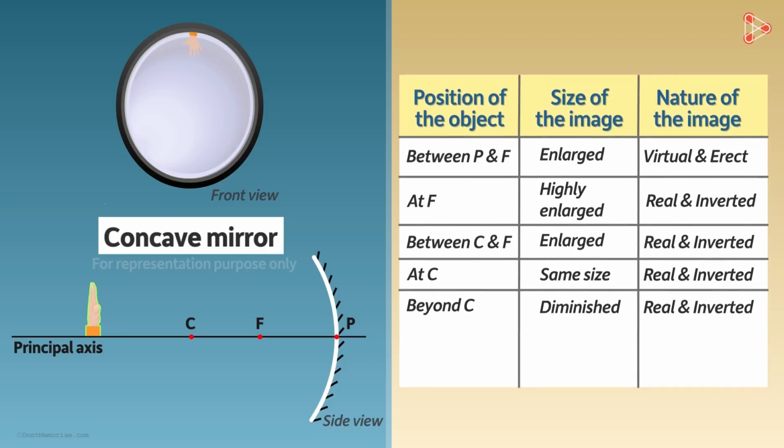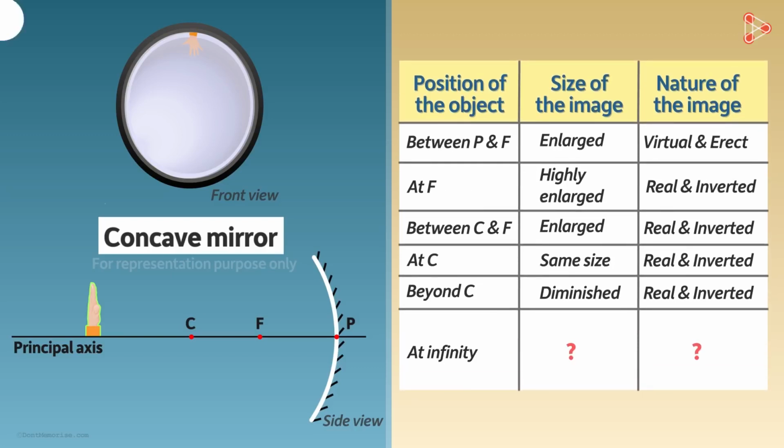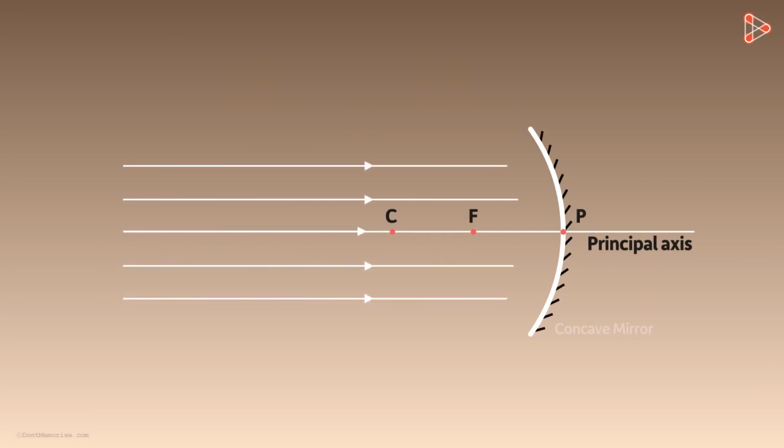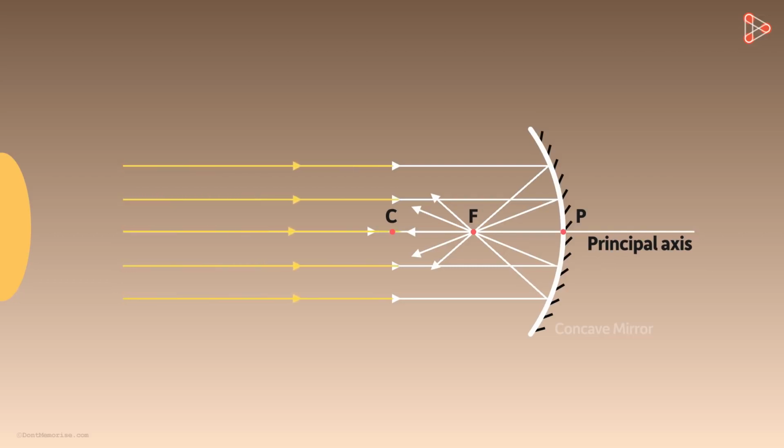What if the object is placed at infinity? Well, if you remember, in our previous video, we saw that the rays of light parallel to each other as well as to the principal axis will converge at the focal point. And in that example, our object was the Sun. Sun is at a very large distance away from the Earth, and hence we consider the rays of light from it reaching the surface of the Earth to be almost parallel.